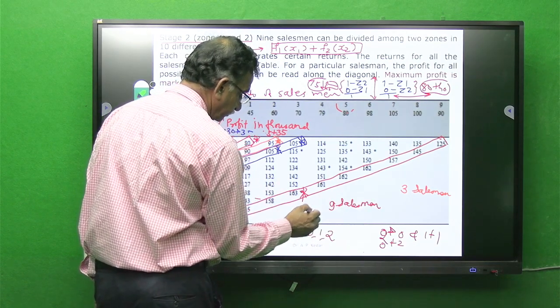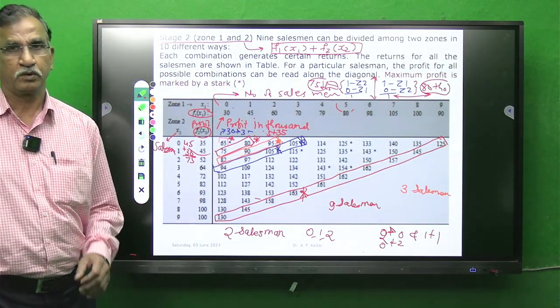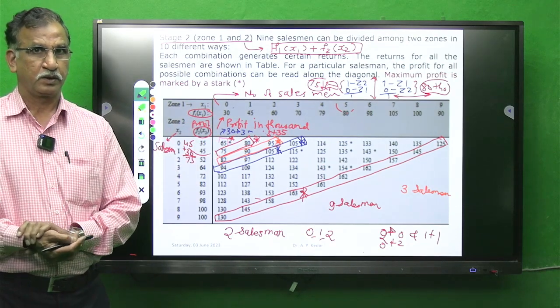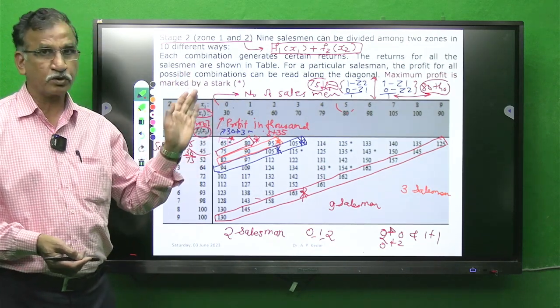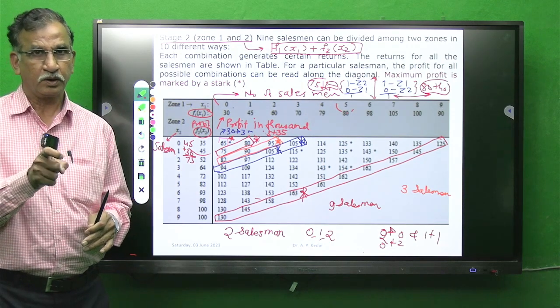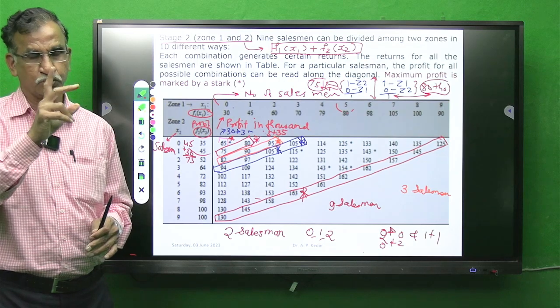Now what is important? This is the second stage. Earlier we saw the first stage, F1 X1, direct return from deputing 0 to 9 salesmen in territory 1, that is zone 1.